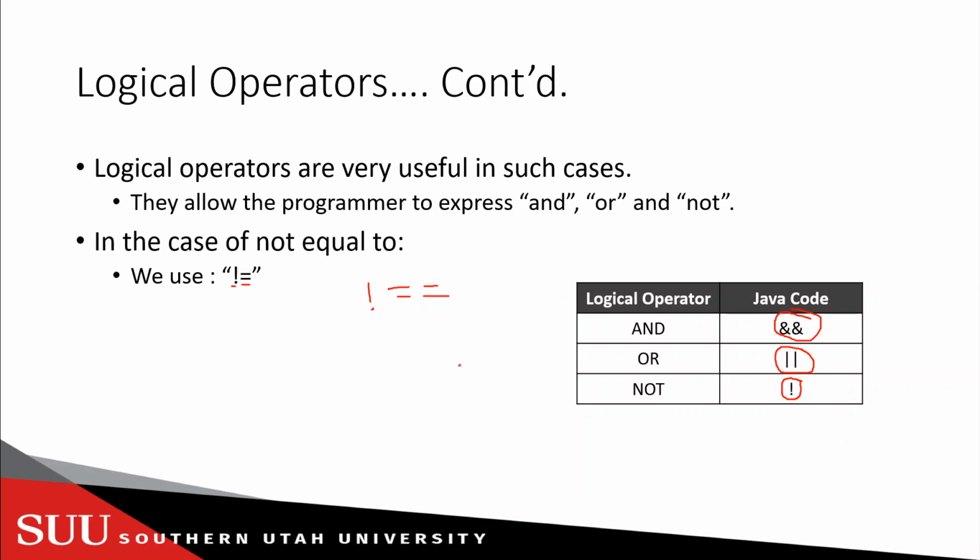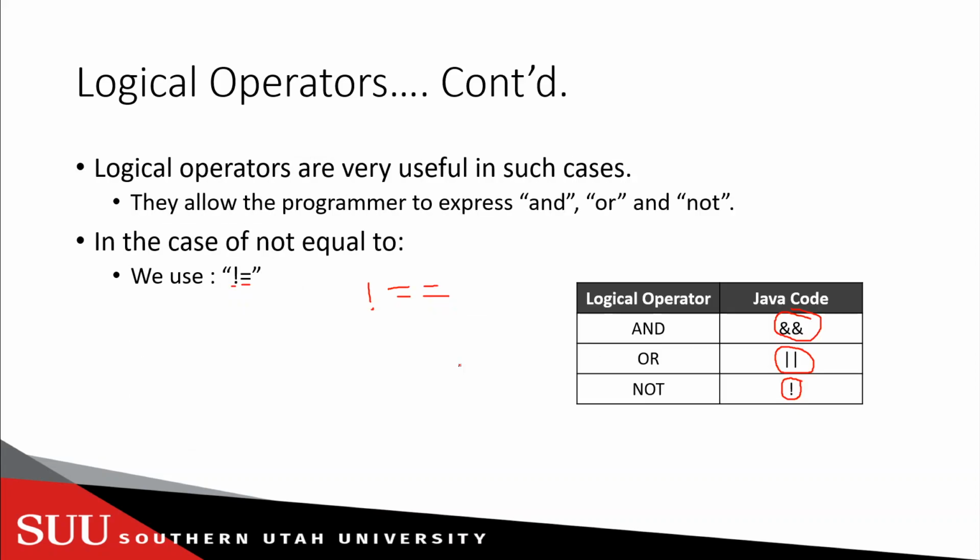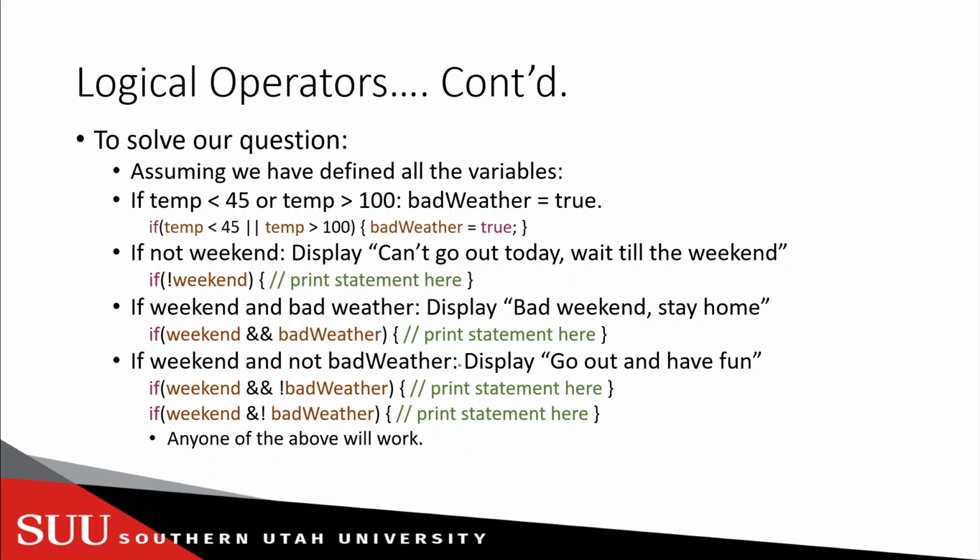Now we know how the logical operators are used. How can we display this application that we've seen right here, or how can we translate it to some Java code? So let's see how we can solve each one of those. Now assuming that we have defined all variables, so bad weather is defined, temp is defined, and weekend is defined. The first one says if the temperature is less than 45 or the temperature is higher than 100, then this is bad weather.